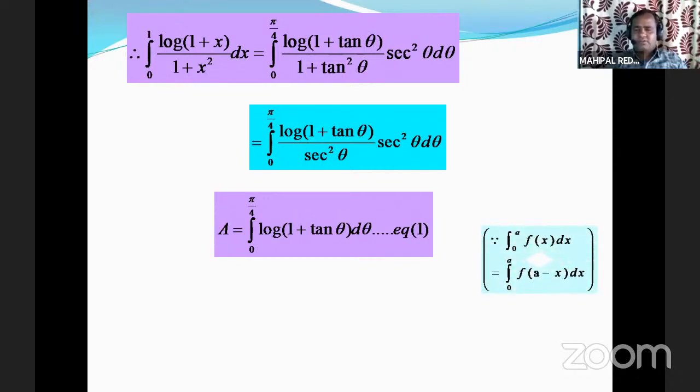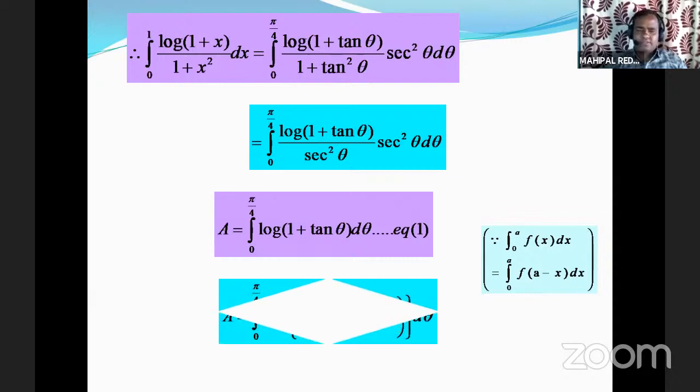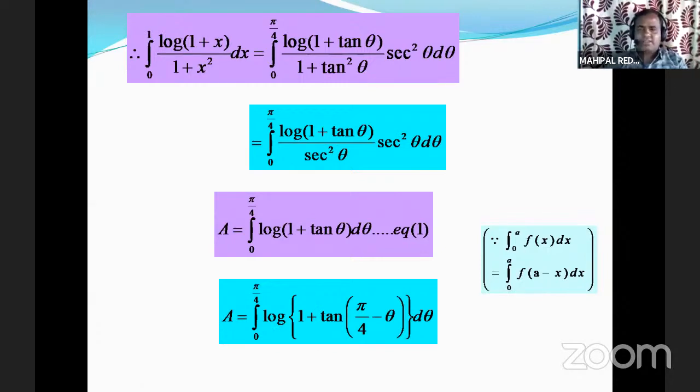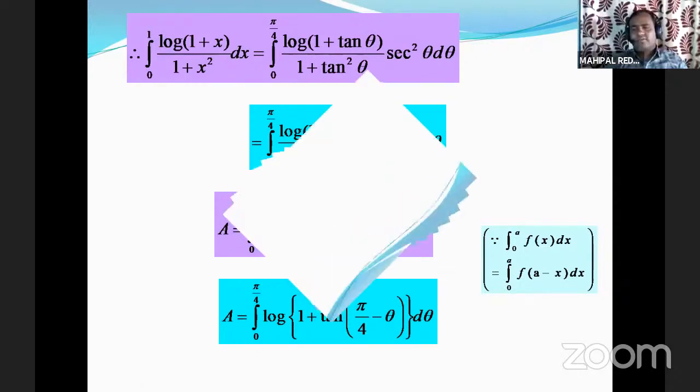And we know the property: integration 0 to a f of x dx equals integration 0 to a f of a minus x. It becomes integration 0 to pi by 4 log of 1 plus tan, with theta replaced by pi by 4 minus theta, because the upper limit is pi by 4. Again we know the formula: tan of pi by 4 minus theta is 1 minus tan theta by 1 plus tan theta.